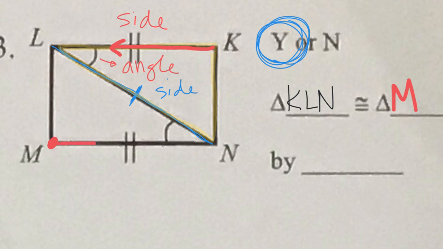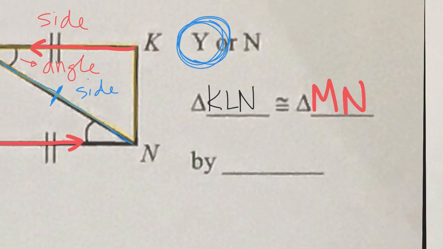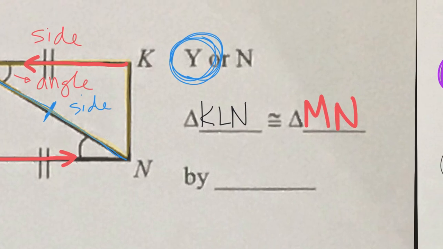I have to go this way. I go down my double markings, because that's what I did to begin with. I started at K and I went in the direction of L, so I have to go from M down here to N, because it has to correspond. And then I come back over to L. So KLN is congruent to MNL. By what three-letter combination? Side, angle, side.